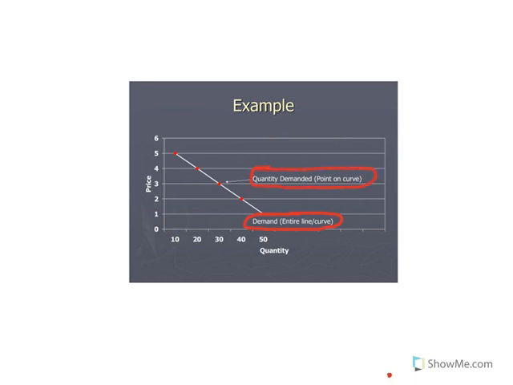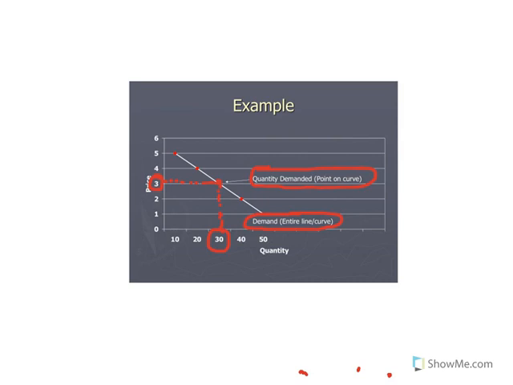So looking at this graph, if I said what is quantity demanded when the price is $3, you would come over here, look for the price of $3, and then see what the corresponding quantity demanded is. And so what we can see is that the quantity demanded when the price is $3 is 30 units of the good.